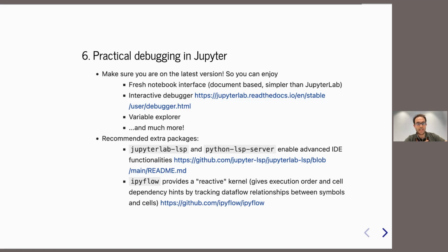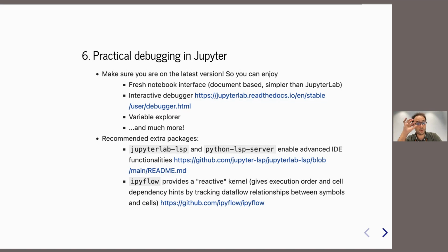In my opinion, Jupyter can be made an excellent tool for coding and compensate some of its drawbacks. However, that is not the default installation experience, and one has to go a little bit further and install some extra extensions, plugins, and so on to make the experience a little bit more enjoyable.